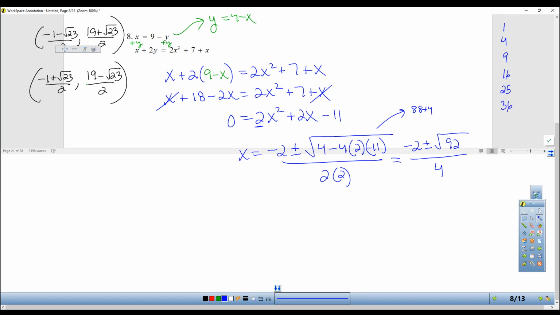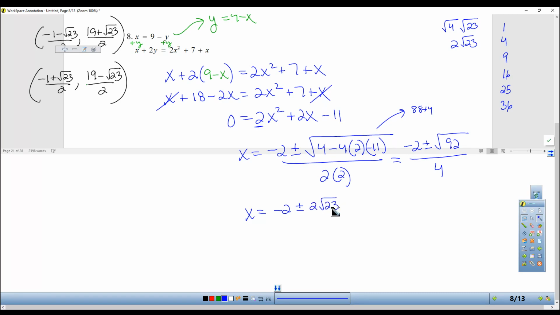Probably don't need to go higher than that. I look at a number like 92 and I think, well, probably 4 goes into it. So sure enough, 4 times 23. There could be a better one. So I might check to see if 16 goes into it or 36. But that actually is the best one. So we get x is equal to negative 2 plus or minus, and this becomes 2 square roots of 23.